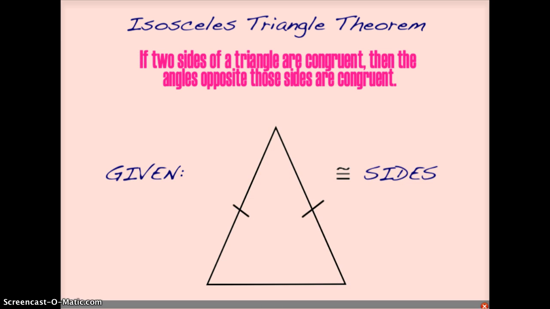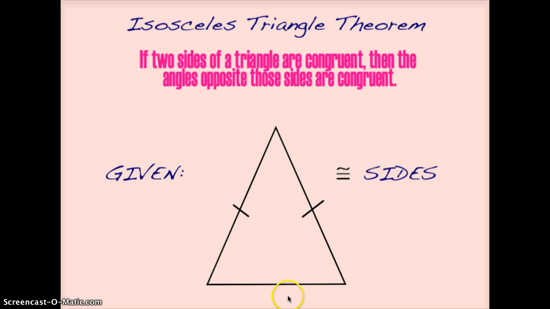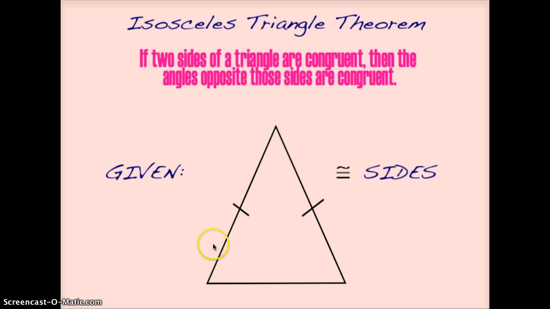So the isosceles triangle theorem says, if two sides of a triangle are congruent, then the angles opposite those sides are congruent. You're given that the two sides are congruent, and that means that this angle and this angle are congruent to each other. Those two are the angles that are opposite the sides.